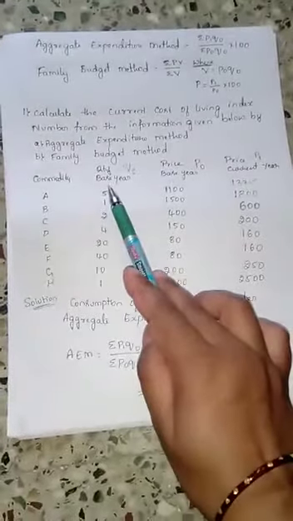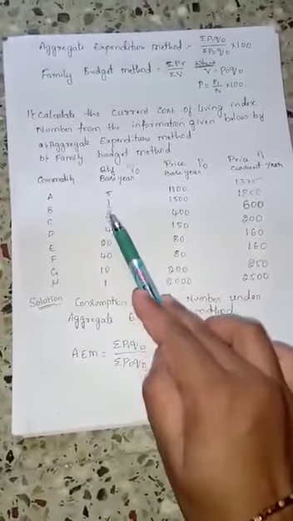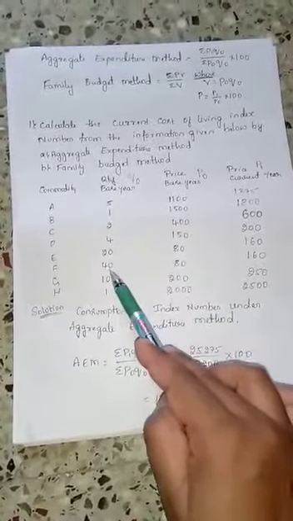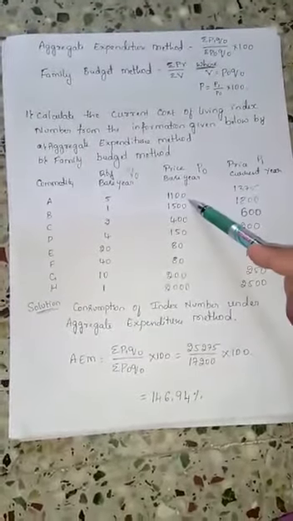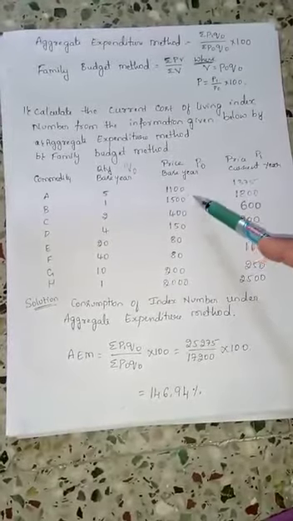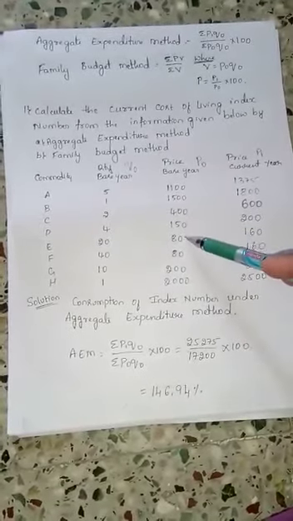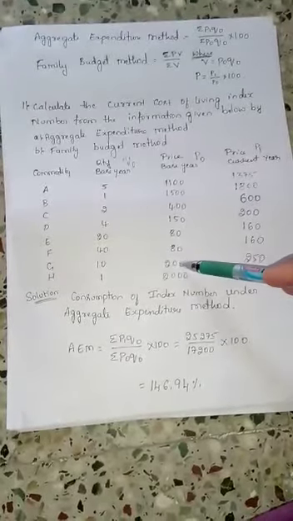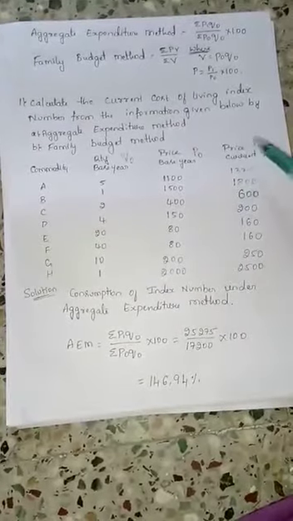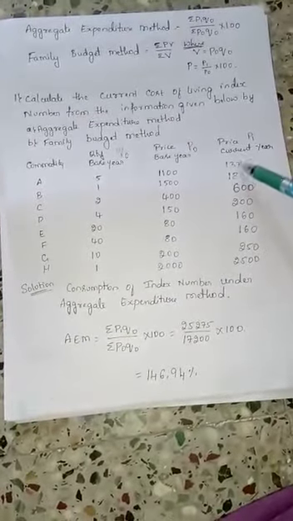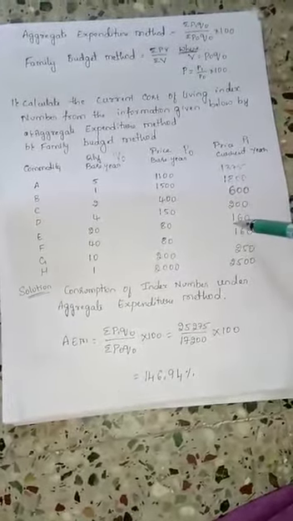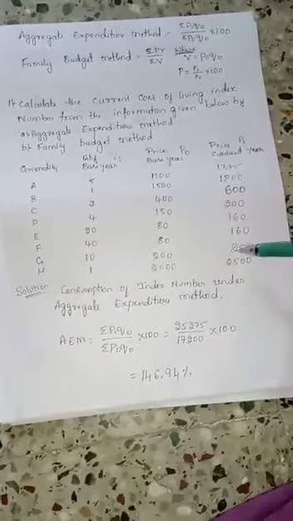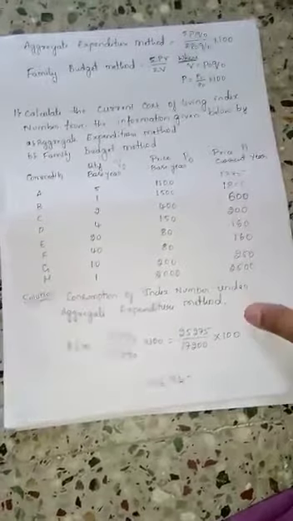The quantities of the base year are 5, 1, 2, 4, 20, 40, 10 and 1. Price of base year: 1100, 1500, 400, 150, 80, 80, 200, 2000. Price of current year: 1375, 1800, 600, 200, 160, 160, 250, 2500.